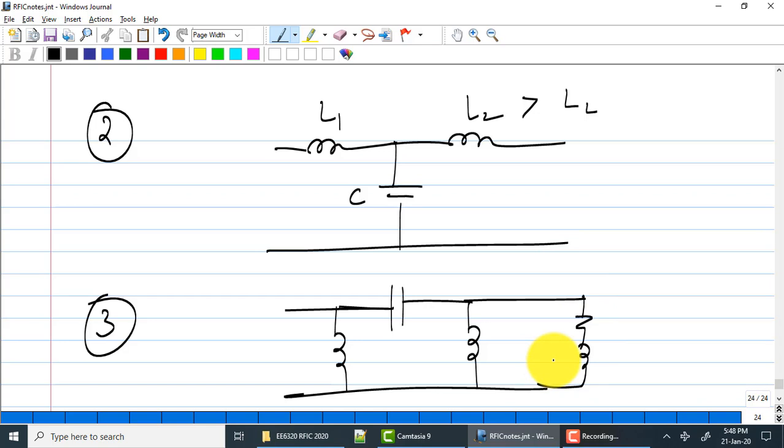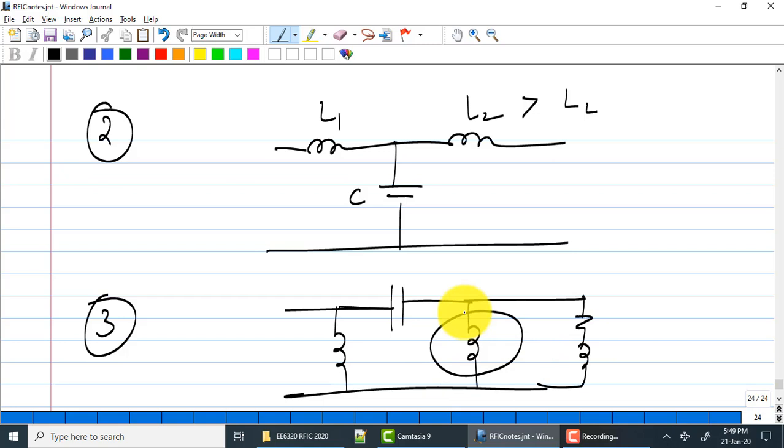Okay? That same RL plus j omega LL can be converted to a parallel combination of resistance and inductance. Okay? Resistance now needs to be absorbed into this guy here. Somehow. Okay? And because it's a parallel inductance, this parallel inductance needs to be smaller than the original inductance for you to be able to use the pi match.